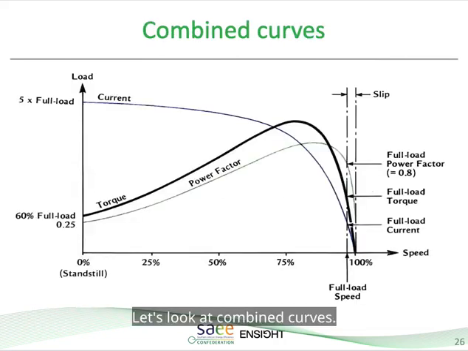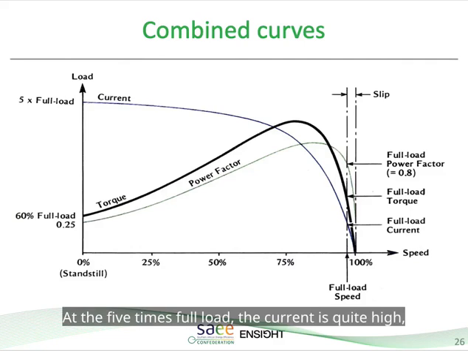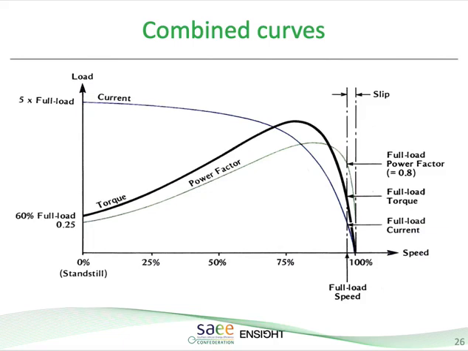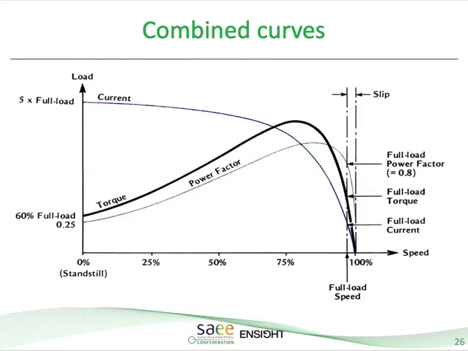Let's look at combined curves. We have the load versus the speed. At 5 times full load, the current is quite high, and at 60% of full load, the torque. We can see the power factor rising, meaning more useful energy is being used versus being paid for.